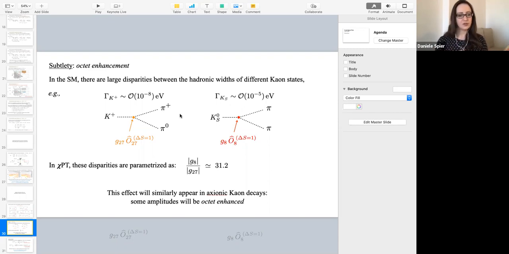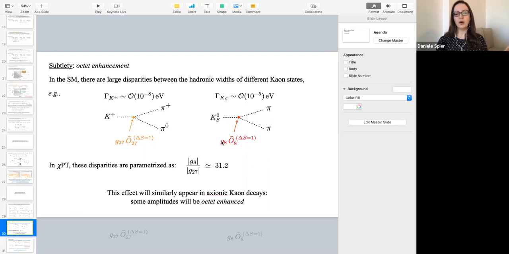You can certainly parametrize this large disparity because the operators that are contributing to charged kaon decays, at least at linear order in chiral perturbation theory, that's an operator that transforms as a 27-plet of chiral SU(3). And so you can say the coefficient in front of this operator is small. And then the operator contributing to K short decays to pi pi is an operator that transforms as an octet under chiral SU(3).